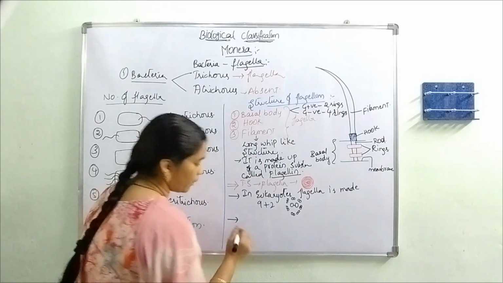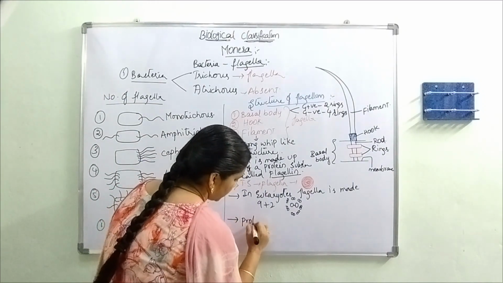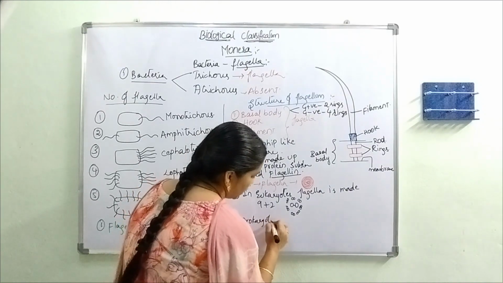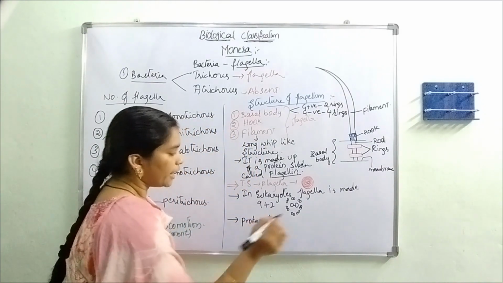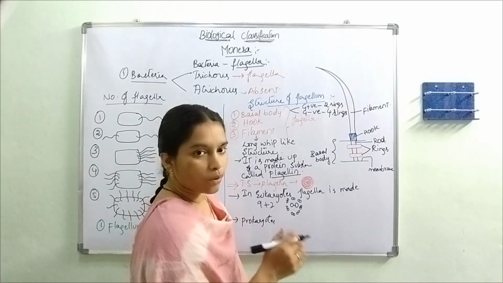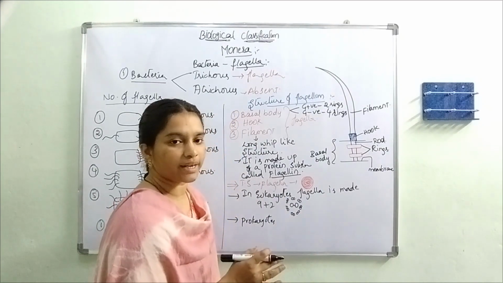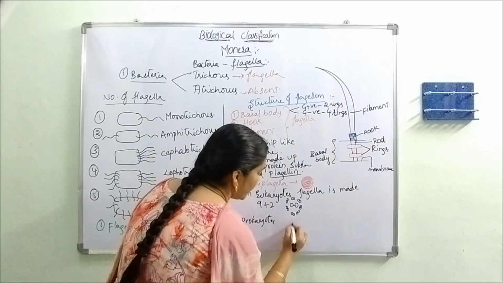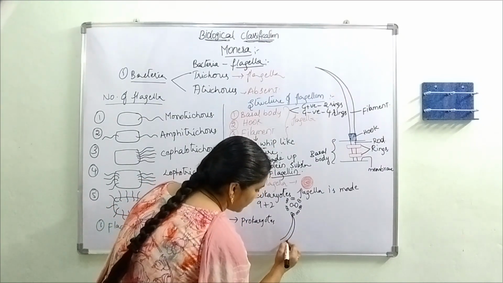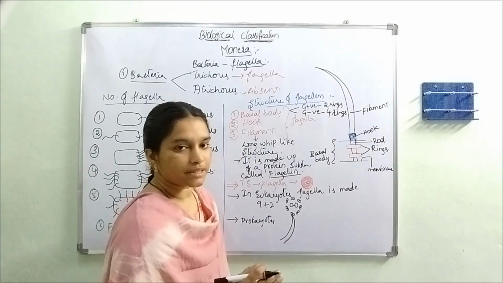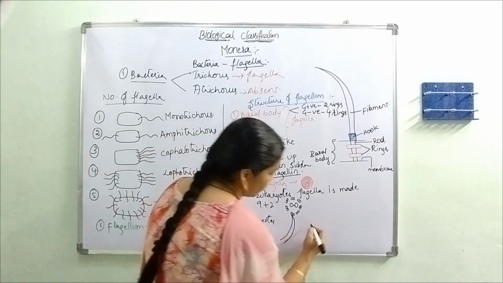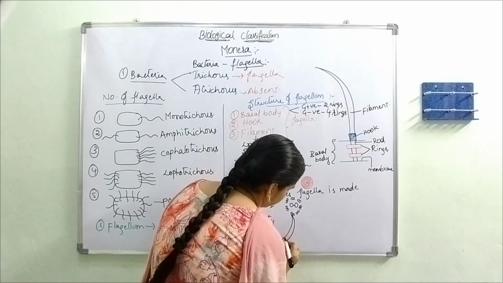And coming to the prokaryotes, that is the unicellular organisms, the filament, that is the flagellar transverse section, looks somewhat like this.